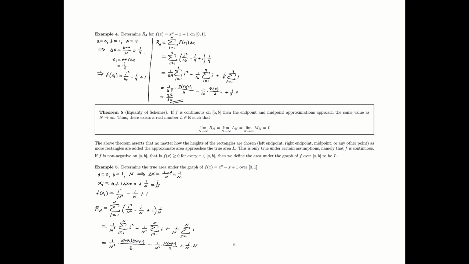So simplifying this, actually, we'll do this up here. So R sub n does look something like, if we cancel out what we can, we should have (n plus 1) times (2n plus 1) all over 6n squared, I believe.